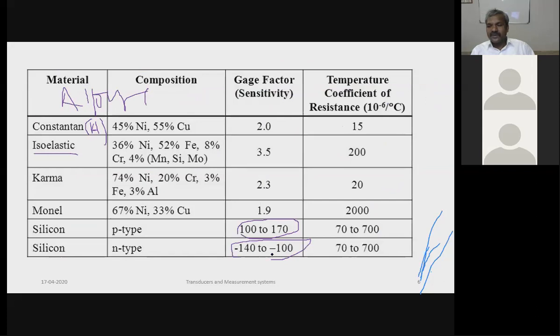The temperature coefficient of resistance alpha, since these are all metal alloys, for advance alloy is 15 into 10 power minus 6 per degree Celsius. So these are all the important materials.